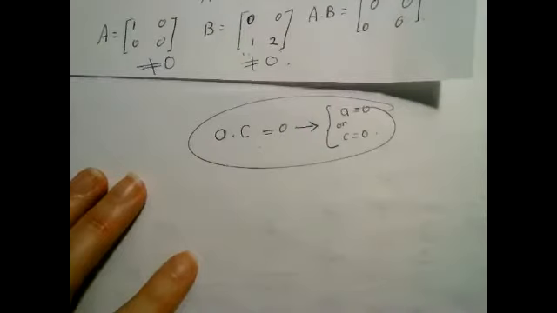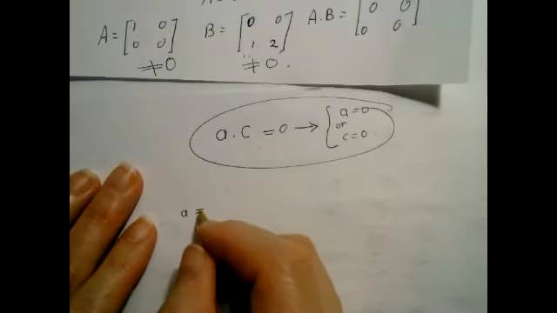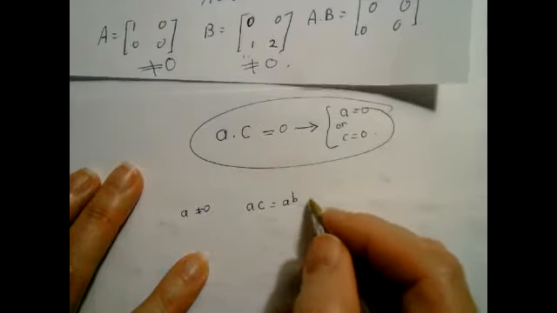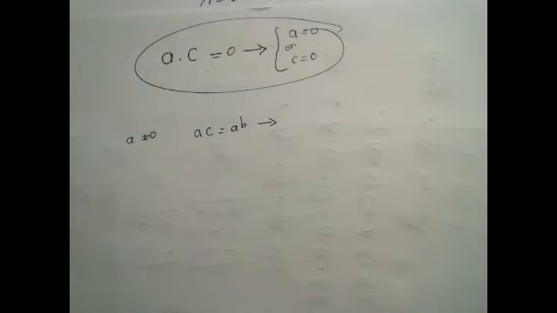you have the following. I tell you A is different from 0, and AC equals AB. Okay, what can you say immediately? You're working with numbers. A is not 0, and you get AC equals AB.